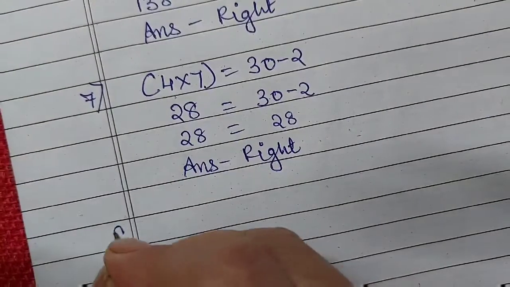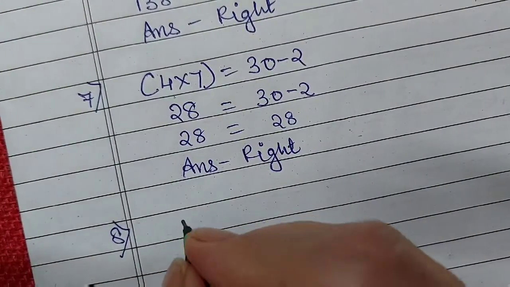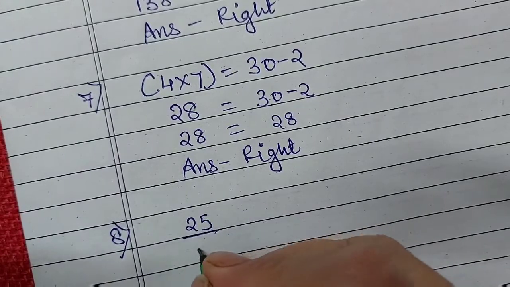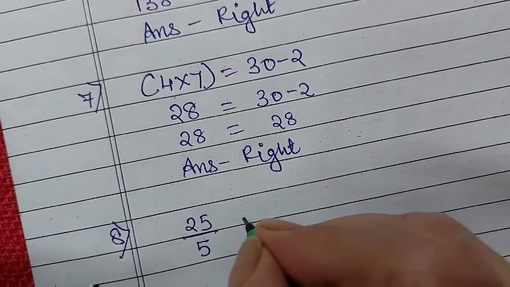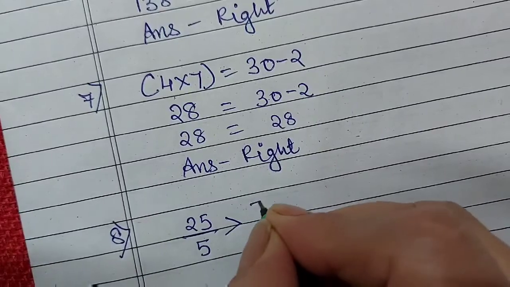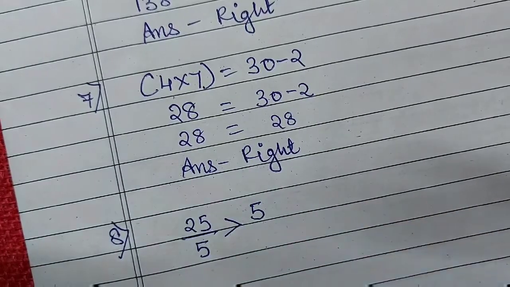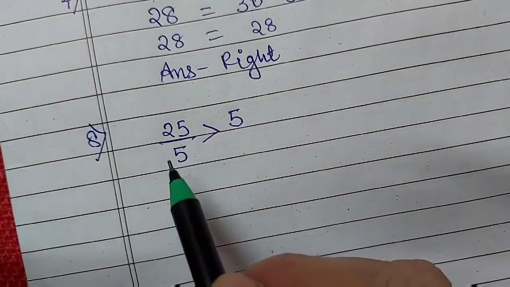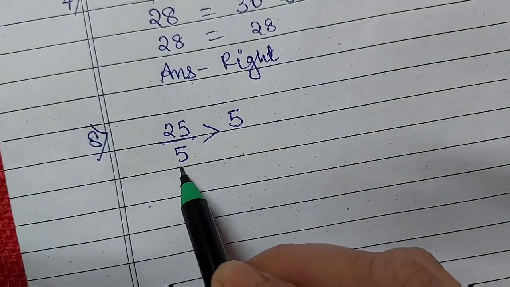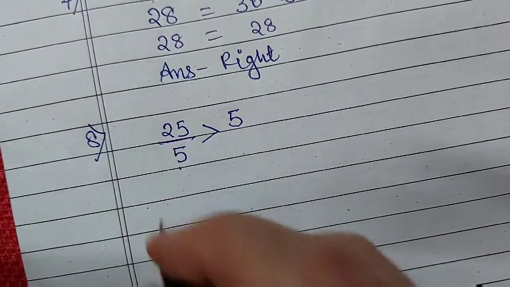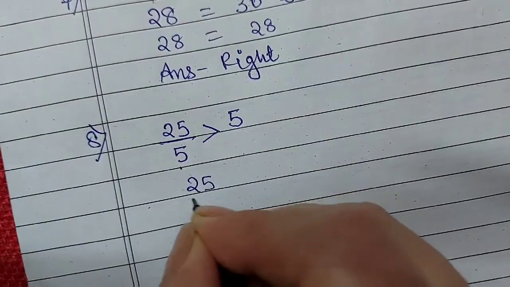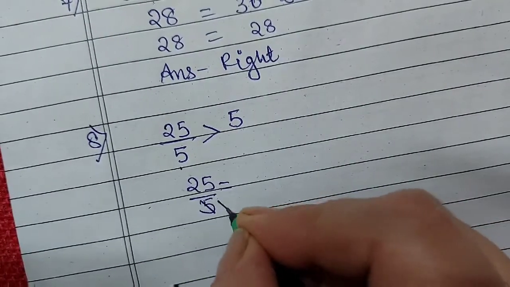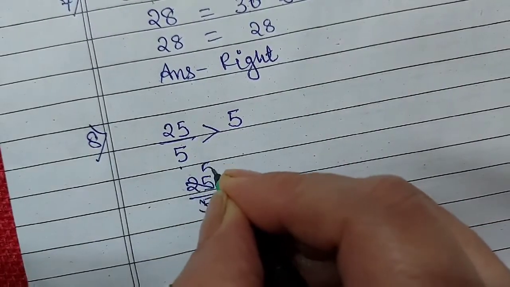Coming to the eighth question. Your eighth question is 25 upon 5 is greater than 5. Okay. Now what is this? Divide, no, 25 upon 5 greater than 5. So 25 upon 5 is equals to what? 5 ones are 5, 5 fives are 25.